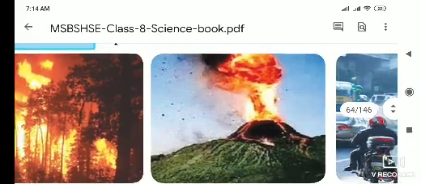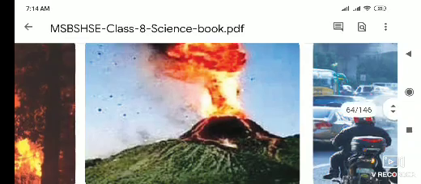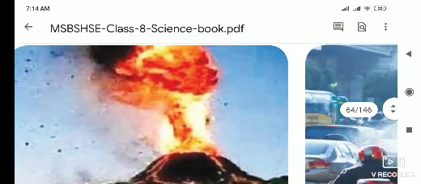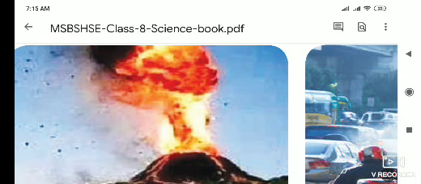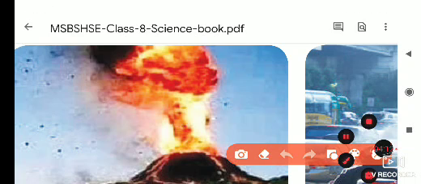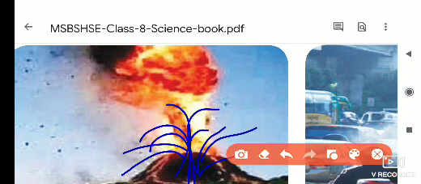After this, the next picture shown here is a volcanic eruption. As we all know, many gases and liquids are present in the Earth's interior, and from some places that liquid, or lava, erupts out of the Earth's crust. This is called a volcano.